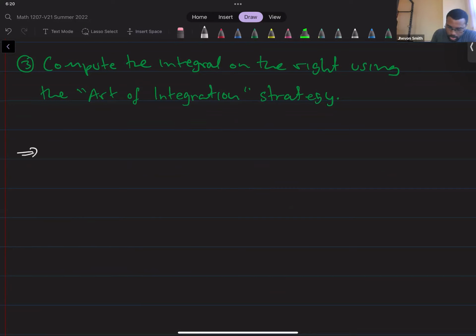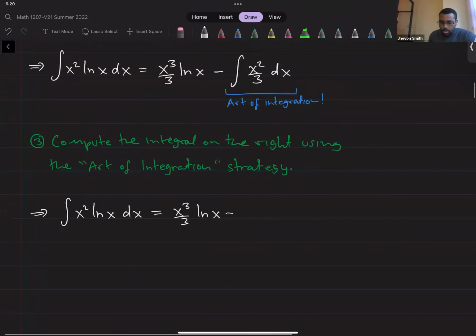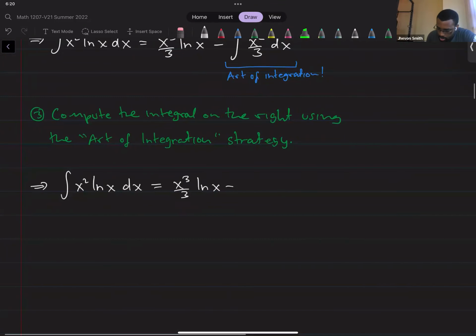So in this case, we have the integral of x squared ln x dx equals x cubed over 3 ln x minus, and this is going to give us x cubed over 9.